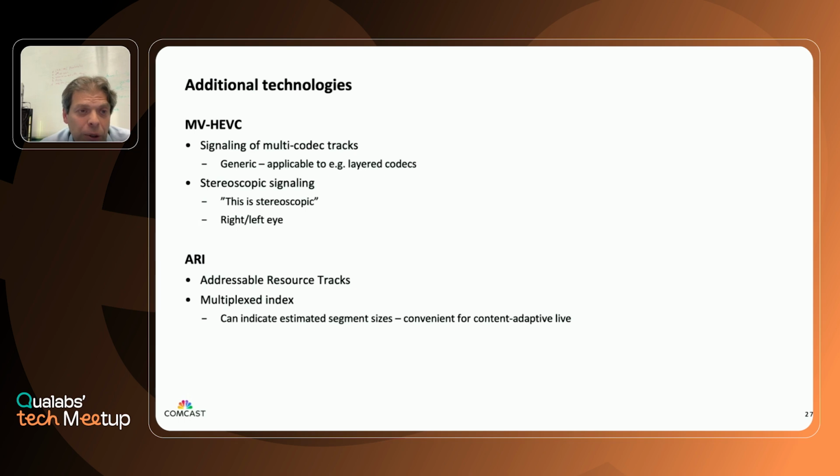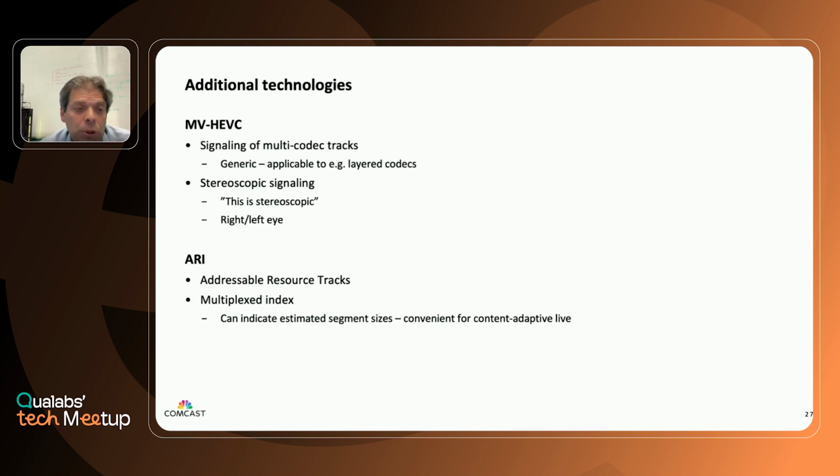So this is not only for Multiview HEVC. This can be used for layered codecs. For instance, if you want to do LCEVC and do both base and extension layer in the same track, now you can do this.